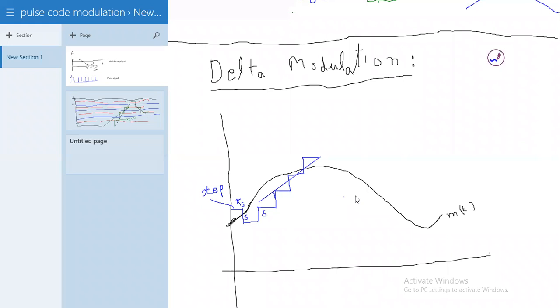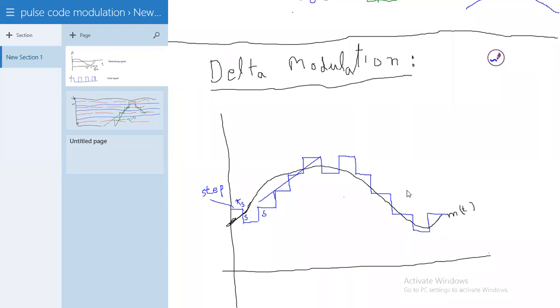The modulating signal is less than the step signal, so it is decreased by 1 step and stays Ts, and again it is increased and stays Ts, and again decreased by 1 step. Again it is decreased, stays, then decreased, stays Ts, and again increased.